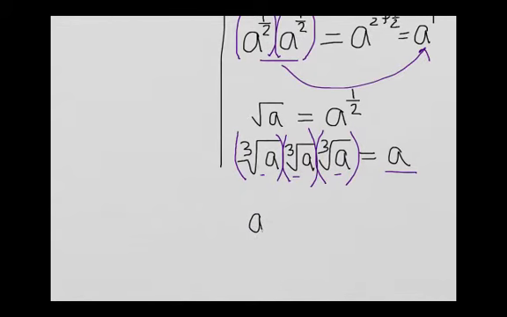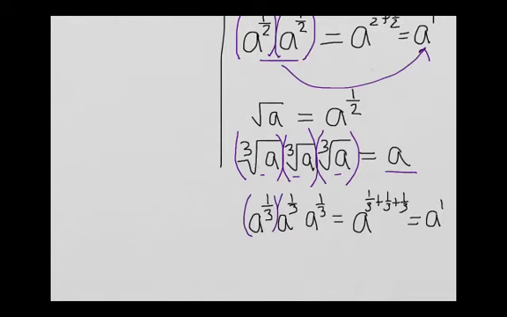If we look at a to the 1/3 power times a to the 1/3 power times a to the 1/3 power, again, these all have the same base, so I can simplify this expression by adding together the exponents. But 1/3 plus 1/3 plus 1/3 is equal to 1. So here I have a value that when I multiply it by itself 3 times gives me a.